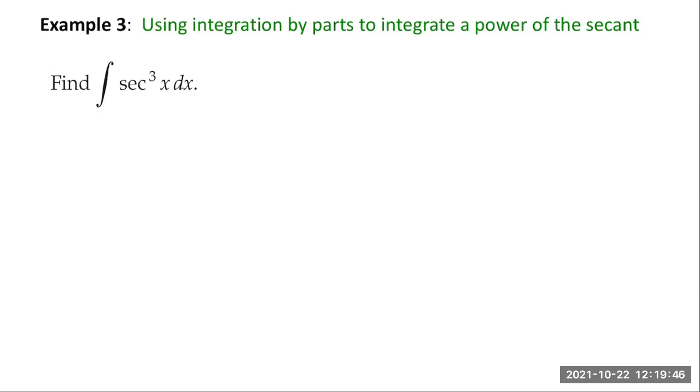So how do we use integration by parts here? I'm going to identify my original given expression as u dv. Remember, integration u dv is equal to uv minus integration v du. So I need to identify my u and dv.